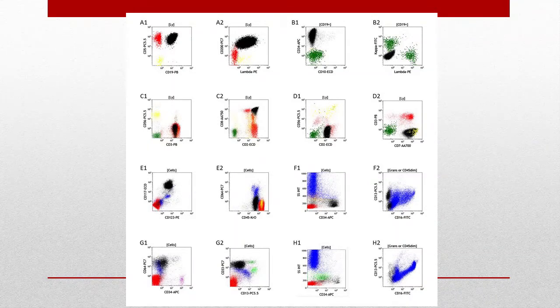But these 2 panels here, the A panels here show a CLL, it's 19.5, it expresses lambda. B panel here shows B-cell acute lymphoblastic leukemia, which admittedly with only the 2 panels is hard to tell, but it's actually a CD10 negative one that doesn't express any immunoglobulin. C here shows a TLGL that has bright CD2 and CD8 that doesn't express CD56.